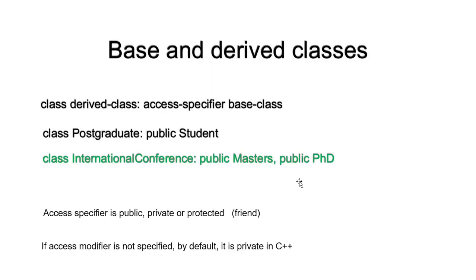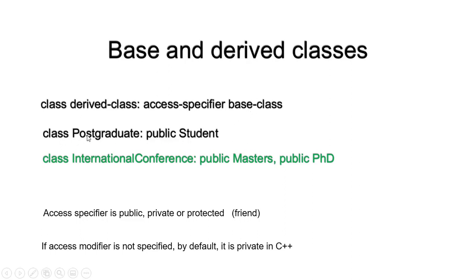There are different ways in which an object can inherit from another object or another class in object-oriented design. There are different ways we specify them, and they have different access modifiers. Here we specify the name of the derived class, and the access specifier and base class. For example, this is for the postgraduate class.